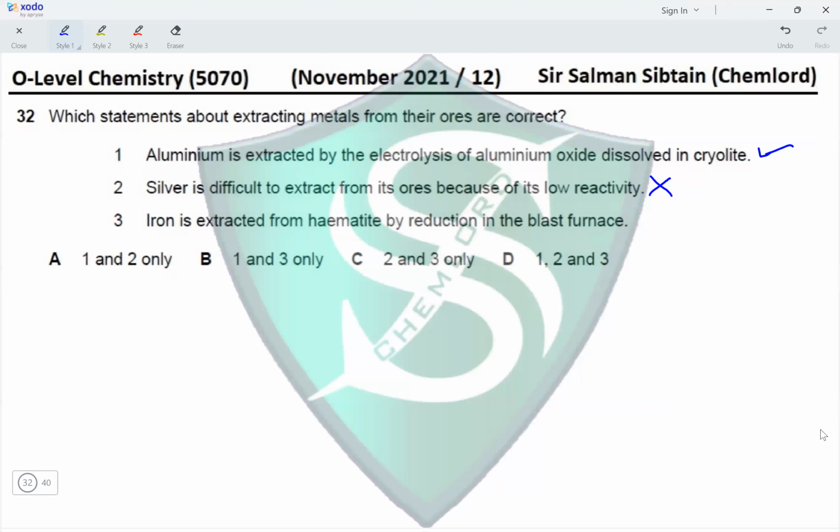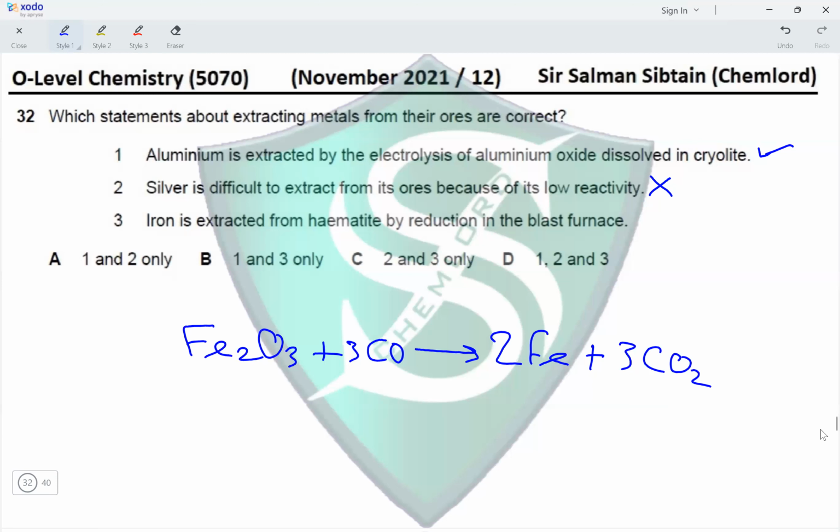3. Iron is extracted from hematite by reduction in the blast furnace. Yes, hematite is Fe2O3. Fe2O3 is reacted with carbon, or in fact carbon monoxide, and this produces iron, and carbon monoxide is converted into carbon dioxide.